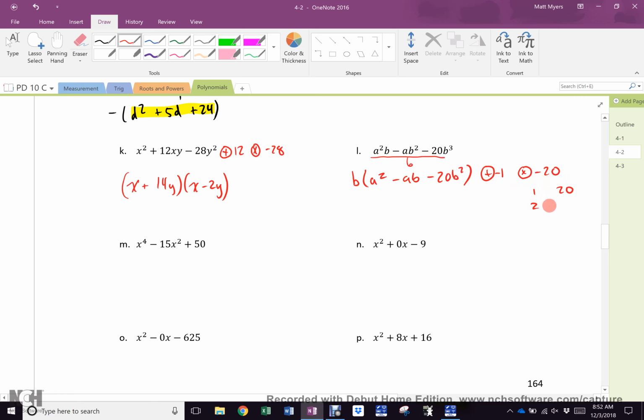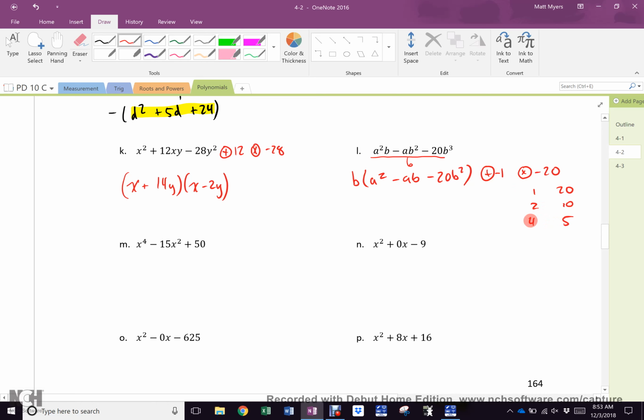No. 2 and 10? No. 4 and 5? Yes. How, Brendan, will 4 and 5 get me to negative 1? No. We're on the adding section now. How can I add 4 and 5 to get me negative 1?